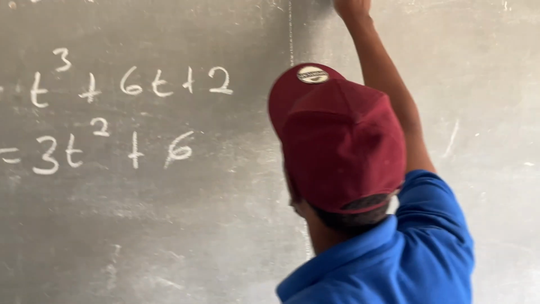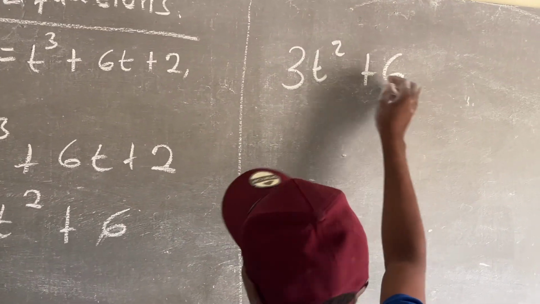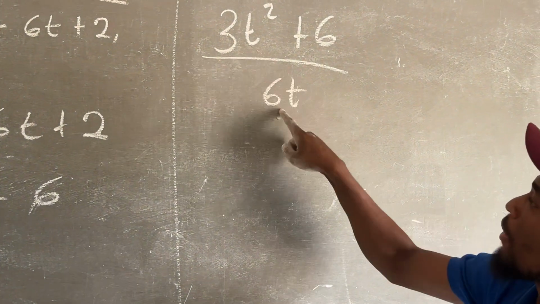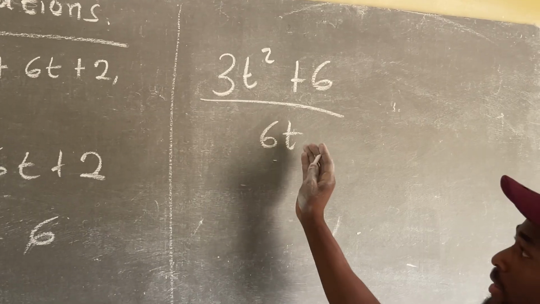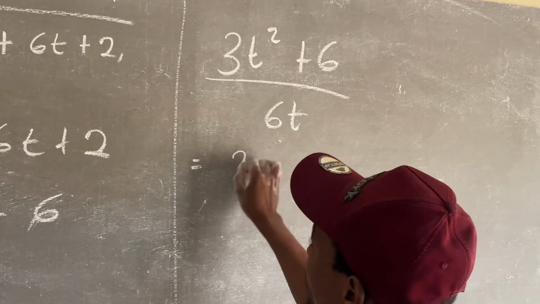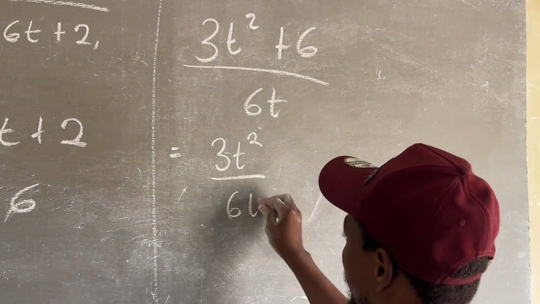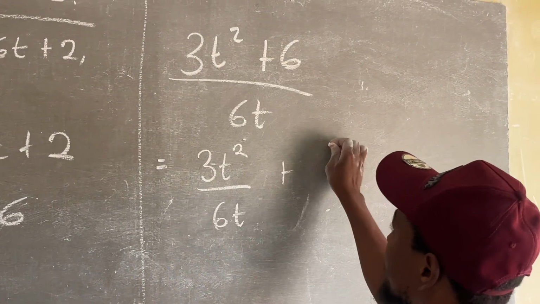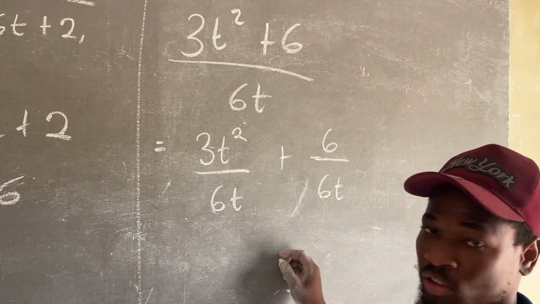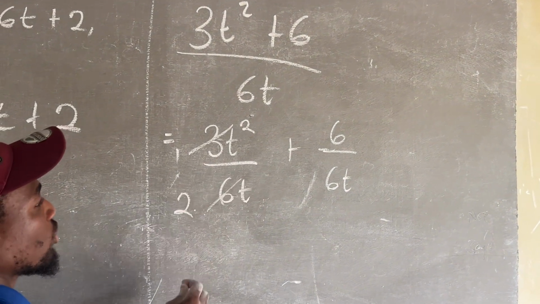So we have 3t squared plus 6 over 6t. Viewers, they are sharing a common denominator, so I can split it that way. This is the same as 3t squared over the denominator 6t, then plus 6 over 6t. So 3 divides itself once, and divides 6 two times.